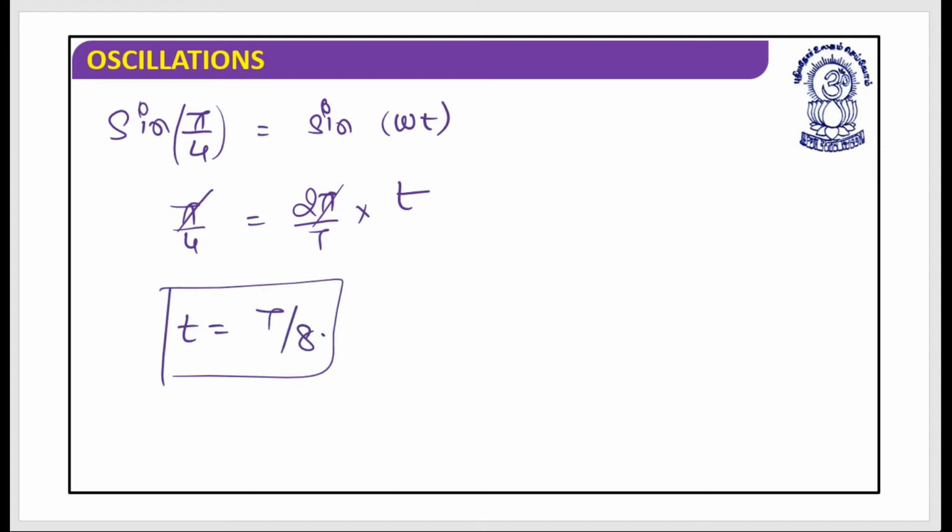So this is the location where the displacement is 1 by root 2 times of the maximum amplitude. I hope this is clear. Is it clear? Any doubts up till now? Is there anything? No? Good.